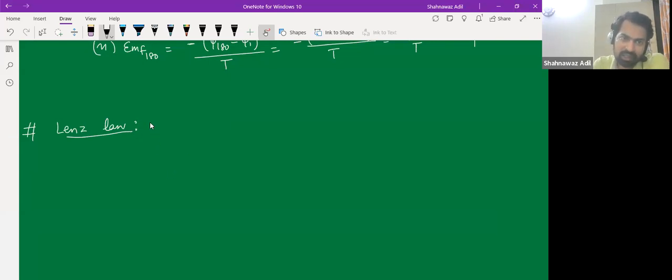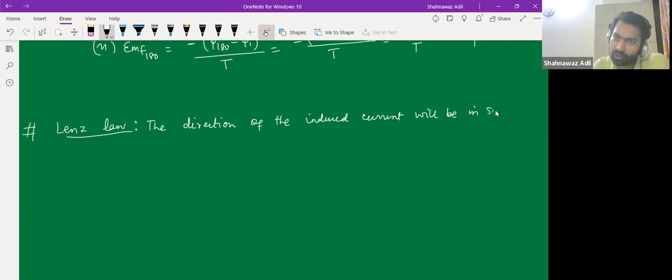It says that the direction of the induced current will be in such a way that it will oppose the change in flux.